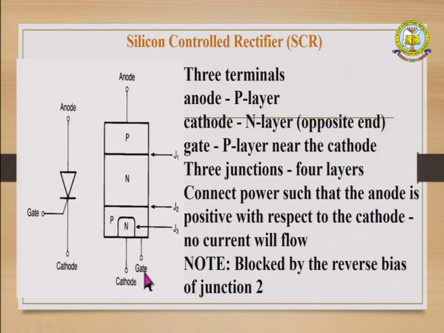The cathode region means this point. This is the anode, this side. This is the anode region and the other one is the cathode region, this point. It is connected to power such that the anode is positive. So this is positive. The cathode means negative. So this point is negative. Okay, there are 2 junctions blocked by reverse bias.